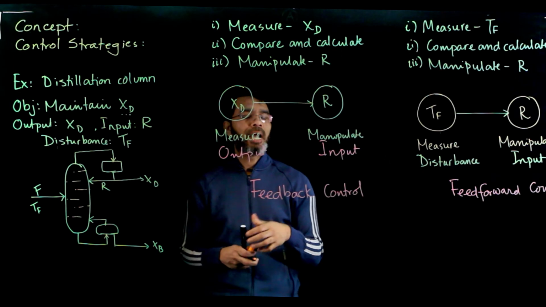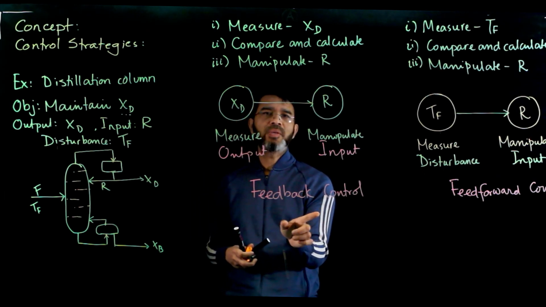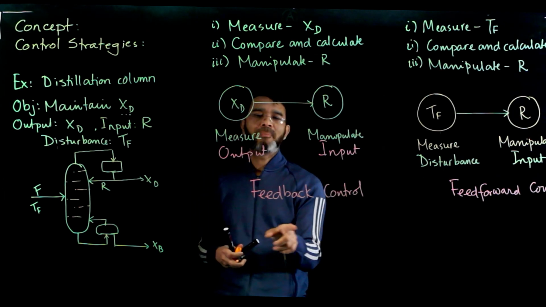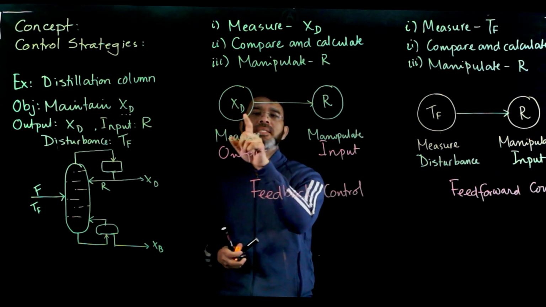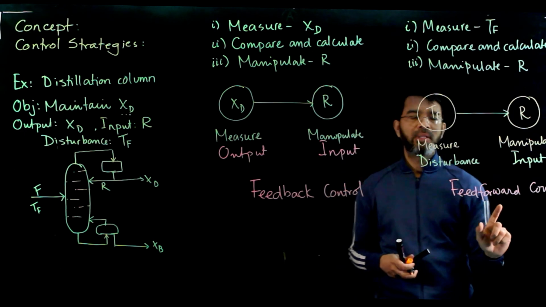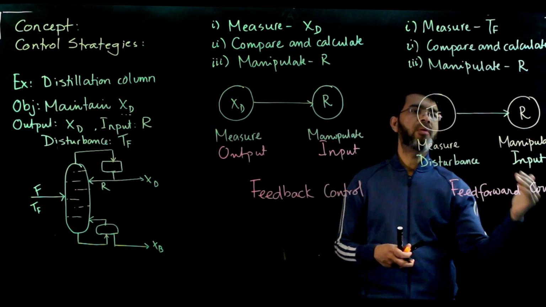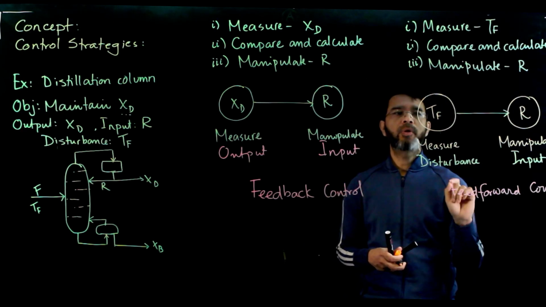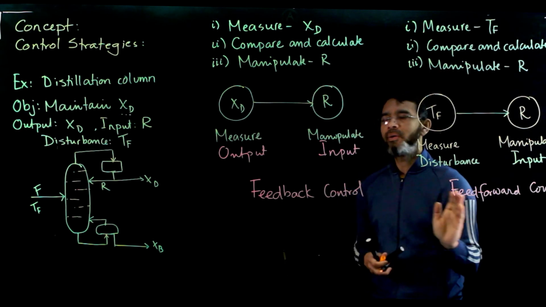The two names come from the fact that in the feedback case, the information is sent back to the process when there is already a change in the output. For the second case, the information is sent ahead of any change in the process output. So why do I need both?